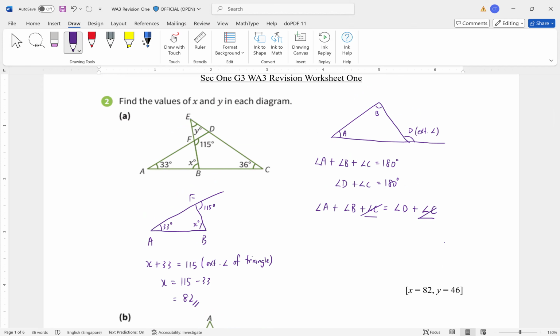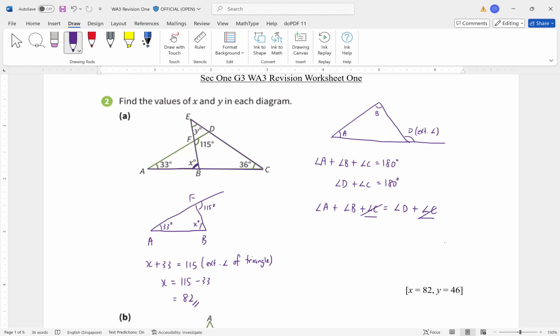Now if I focus on this triangle, triangle BEC, then the exterior angle will be over here.